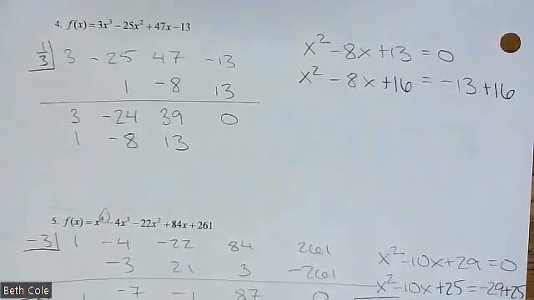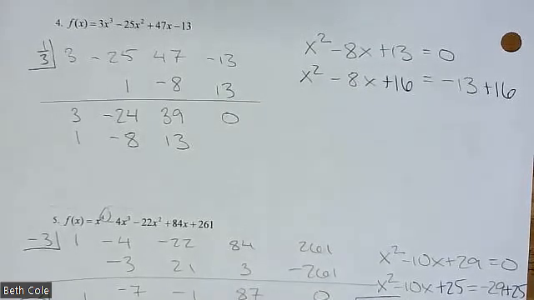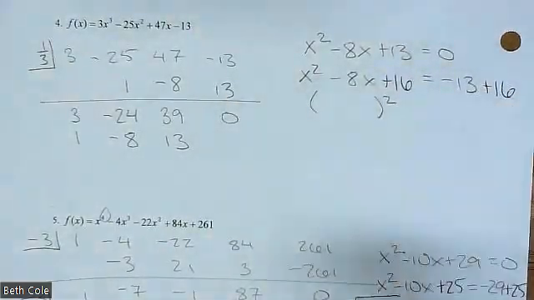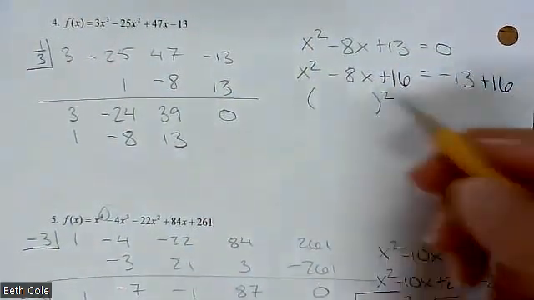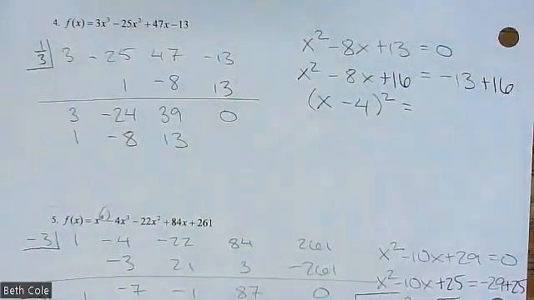So we took 8, divided it by 2, that's 4. Squared is 16. You divide by 2 and square. So what is the something squared? Yep, x minus 4 squared equals 3. And then just keep on going.